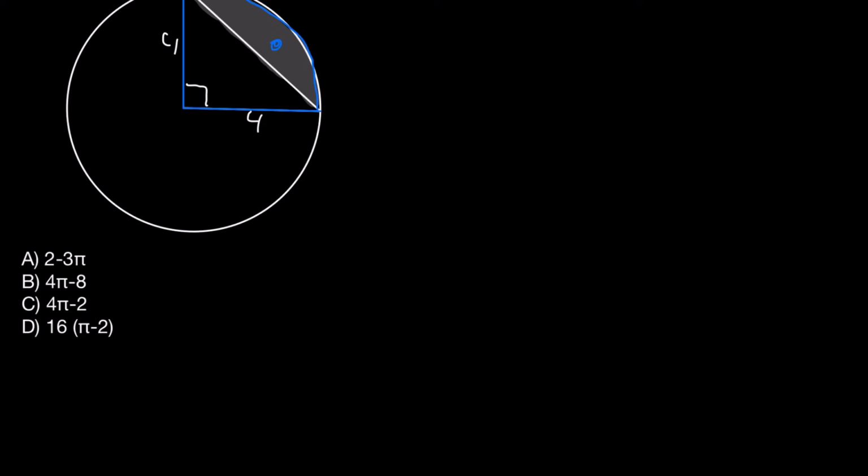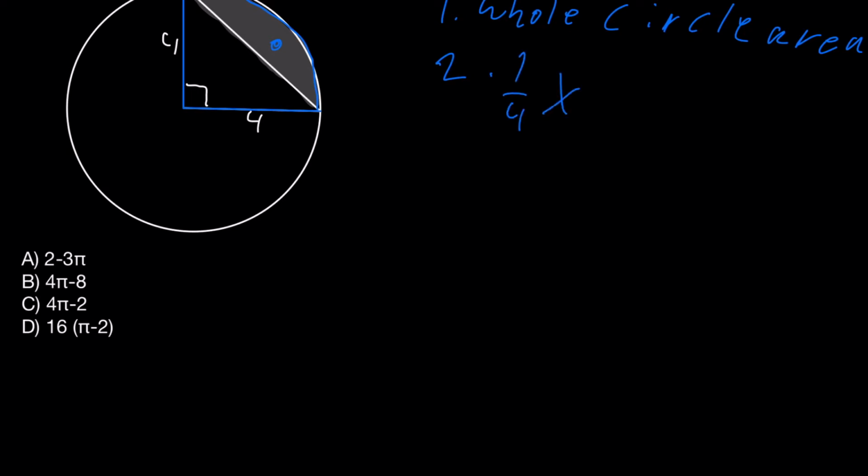So what's the area of the whole circle? Because what we're going to try and do, how to logicize these questions, you're going to find the area of the whole circle. So this is the first step, whole circle area, and of course you have to do this as quickly as possible. And then the second step is to multiply that by 1/4, whatever that number is.